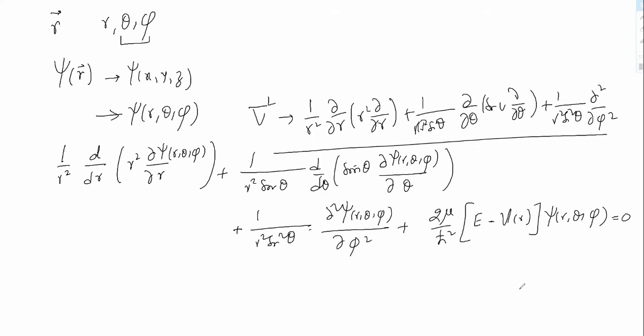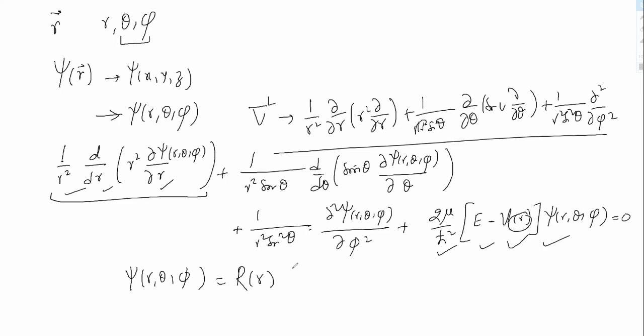And then again we try to divide this using the method of separation of variables, because this term is solely dependent upon r, and this is also a purely r dependent term. Therefore we can separate the angular part and the radial part, and we write psi(r,theta,phi) as R(r), Theta(theta) and Phi(phi).